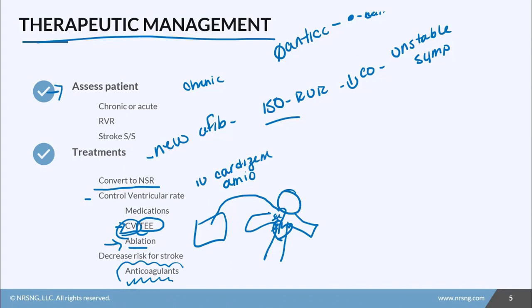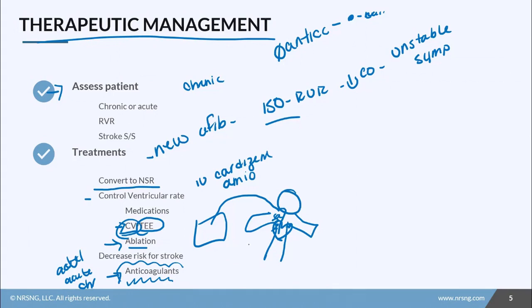So only the SA node initiates it, and the patient will hopefully be in normal sinus rhythm. Now, again, I cannot say this enough, whether it's acute or chronic AFib, patients have got to be taking anticoagulants.